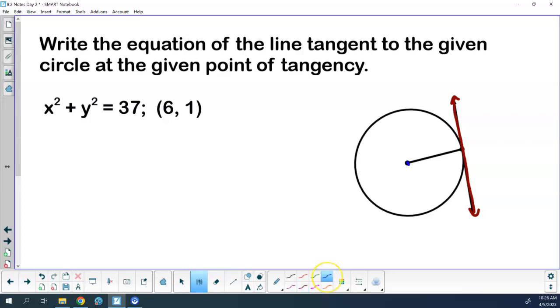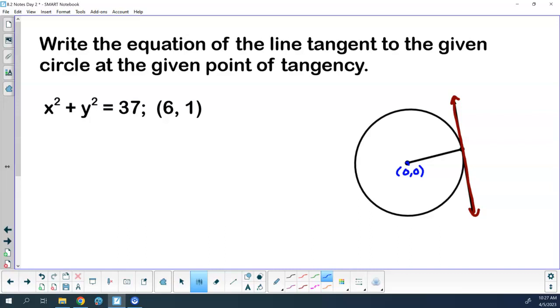So this point right here is at the origin. What else can you tell me about this circle? Radius is the square root of 37. We don't need that fact, but like I said on Monday, you only give me two pieces of information on a circle: center and radius. Those are the only two things you get out of a circle.